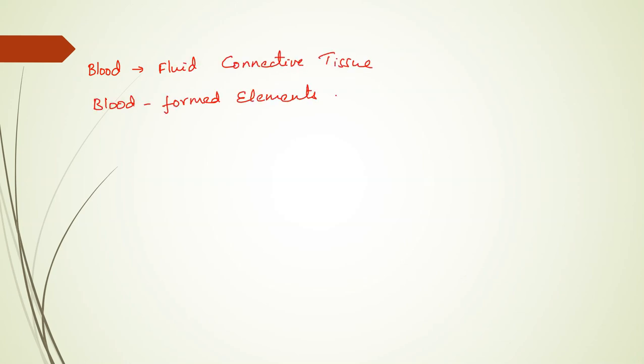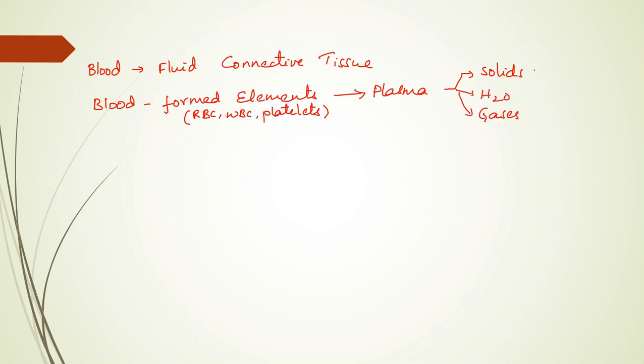Let's sum up these points one after another. Blood is the fluid connective tissue, and blood minus formed elements gives rise to plasma. The formed elements include RBC, WBC, and platelets. We have seen that plasma is composed of solids, water, and gases.